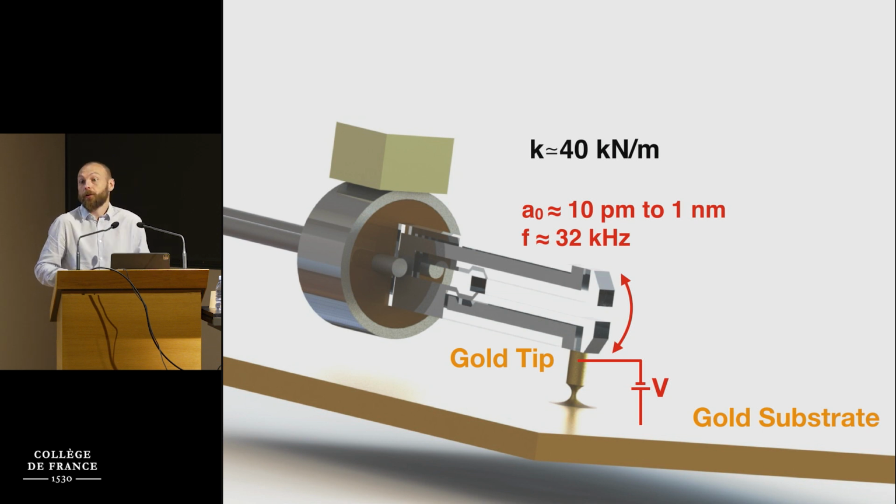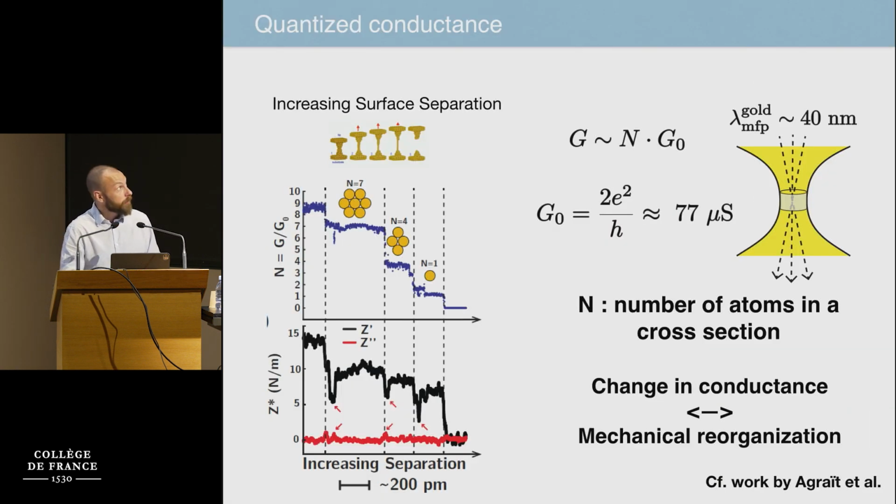And then you start to retract this tip very gently while recording the current induced by a voltage between the tip and the substrate. What you observe when you retract is that in the beginning the current is proportional to the voltage and is decreasing gently with the surface, let's say.